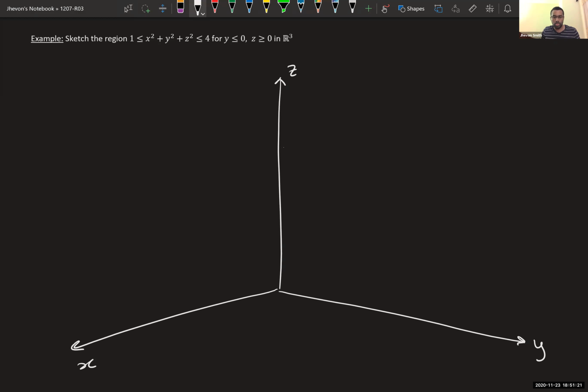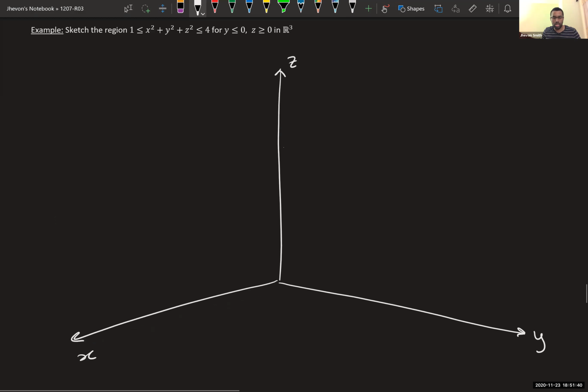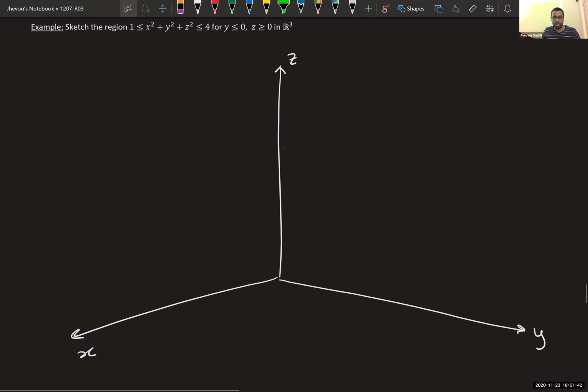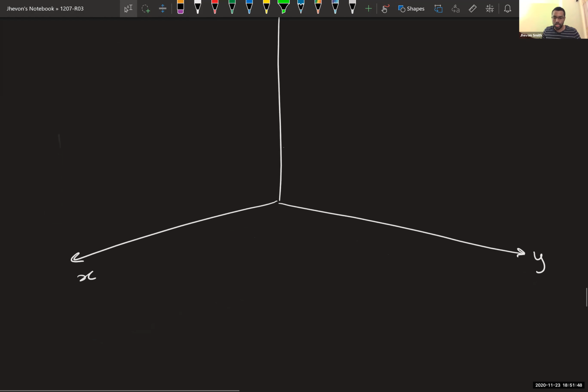It'd be like a sphere, except there's a hollow void in the middle. Okay. And what's the shape of that hollow void? That itself would be a sphere with radius 1, centered at the origin. Right, so there are two spheres.